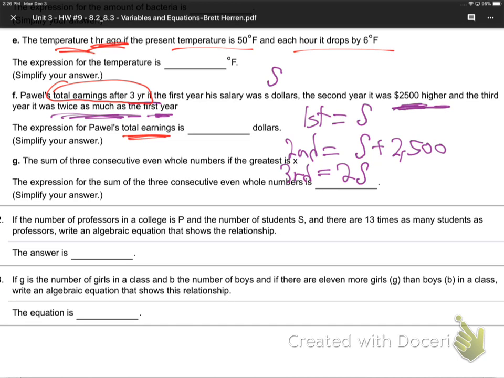So, what's going to be the total of all those? We can just add them vertically. 1S, 1S, 2S, 4S, plus 2,500. S plus 2,500. We good? That making sense?